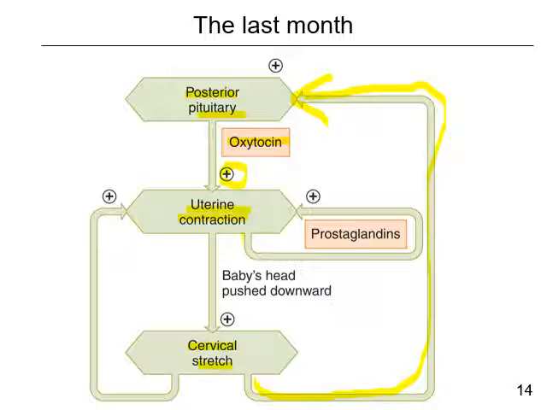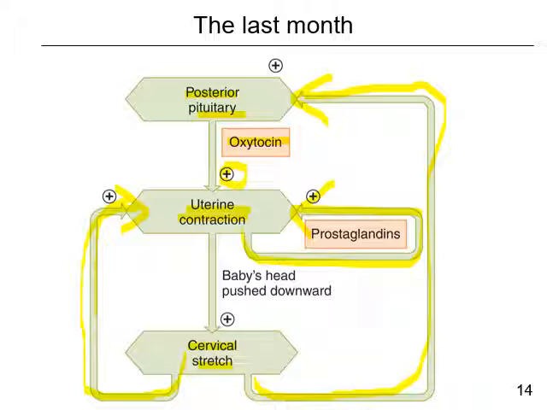Stretching of the uterus and contraction of the uterus also causes it to release prostaglandins in a paracrine signaling mechanism that also stimulates uterine contraction. So we have 2 or maybe 3-ish. Stretch of the cervix also directly causes uterine contraction.